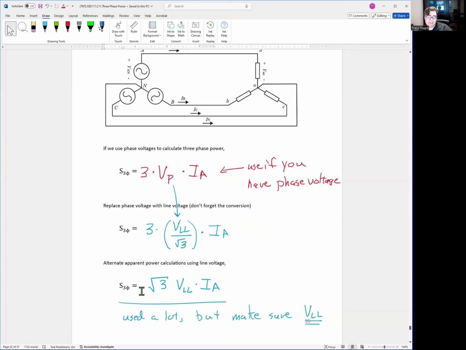So I personally dislike this formula a lot. I like the previous one. It's more descriptive, to make sure you understand this middle area is your phase-to-neutral voltage. But I'm going to be honest, the rest of the world uses this one down here. So please remember, this square root of 3 is not just converting phase-to-neutral to line-line voltages.